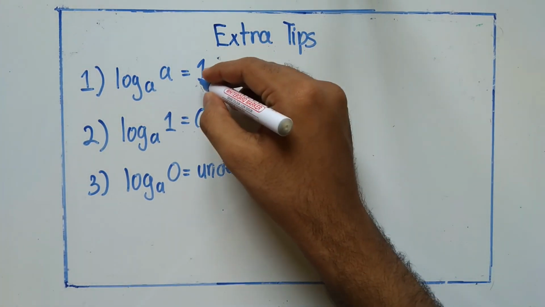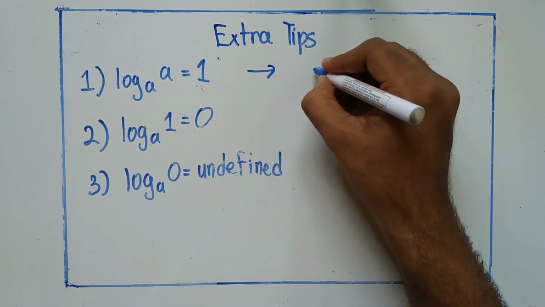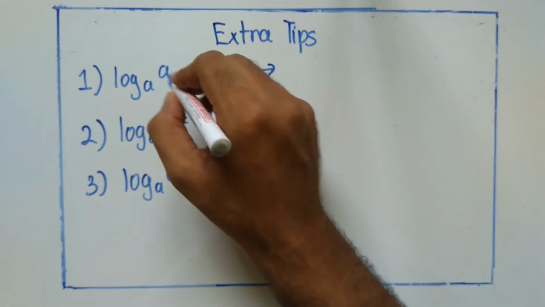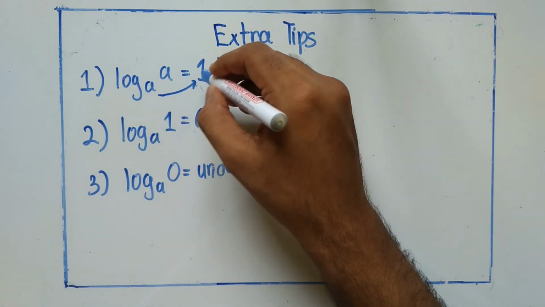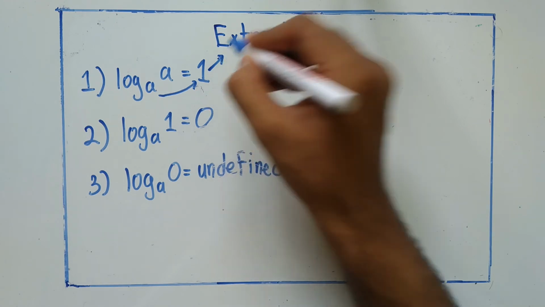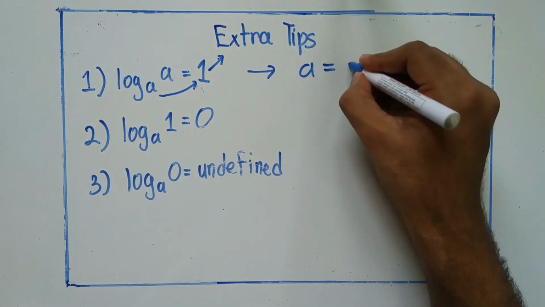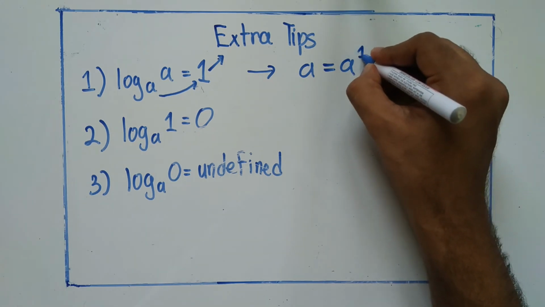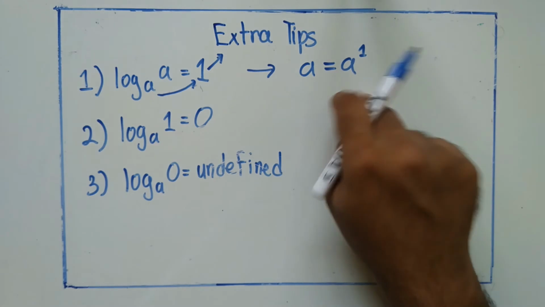Because when we convert it into index form, all we have to do is shift a to the right-hand side and shift 1 up, which gives us a equals a to the power of 1, which is equivalent to each other.